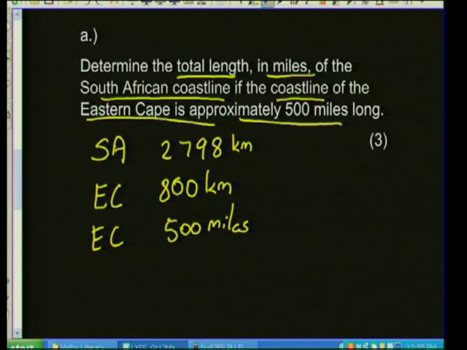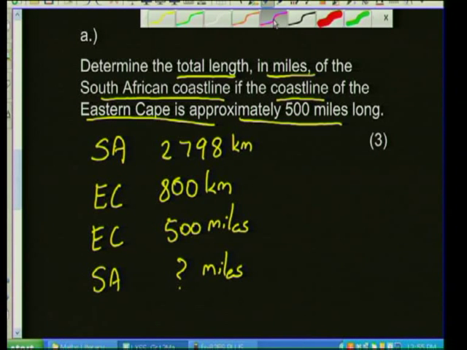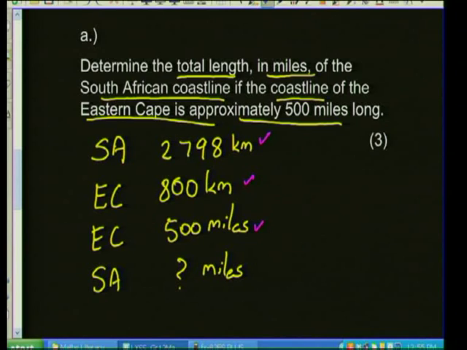Now they want to know what South Africa is in miles. So can we see that what we have here is clearly a ratio? A ratio is where you've been given 3 pieces of information and are asked the 4th. That is a pure and simple Paper 1 type ratio. The problem was, it was all intermingled within the text so that we panic. So we're not allowed to panic.